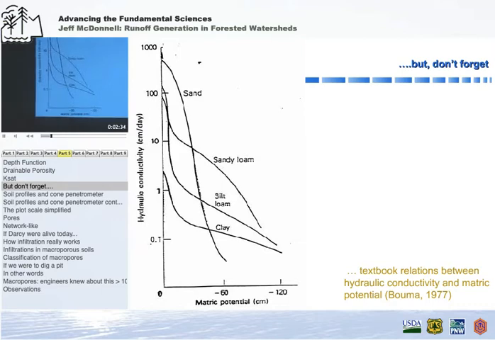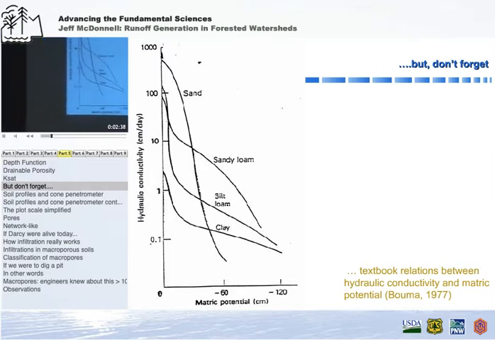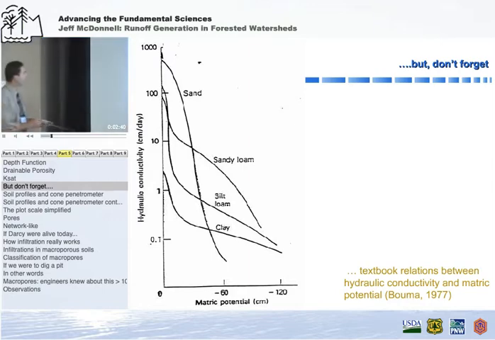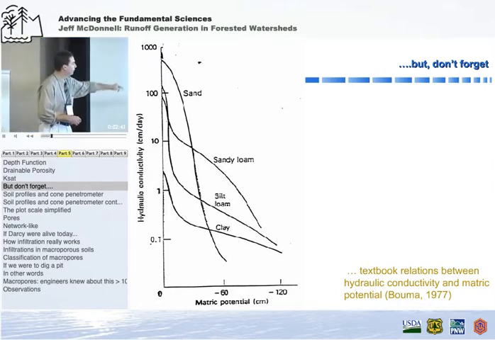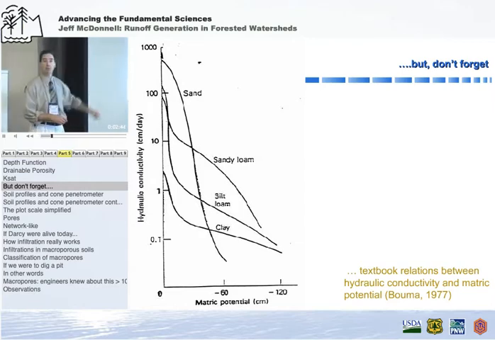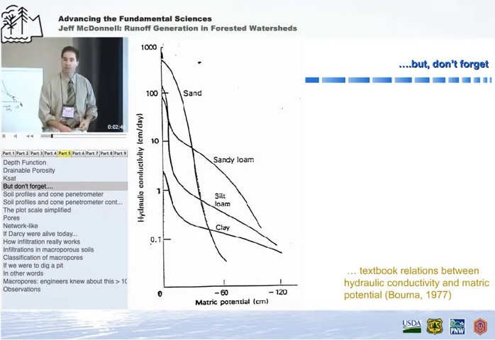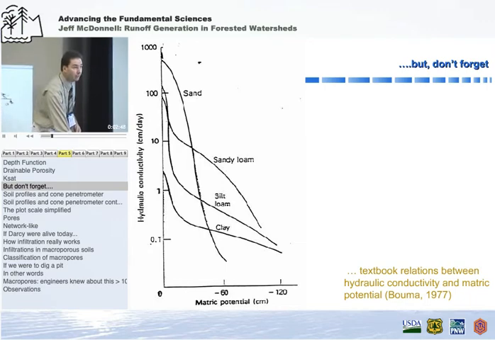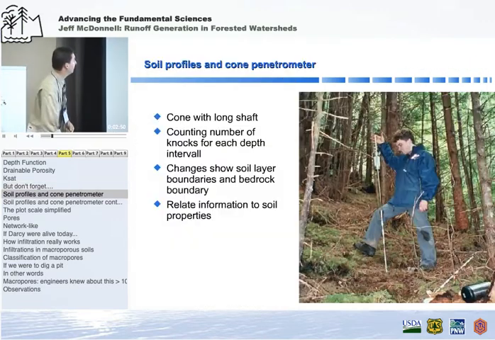And we can have situations that might be counterintuitive where seemingly less conductive material could have a higher permeability at a given water content or a given matrix potential or tension. It's just a small reminder for that.